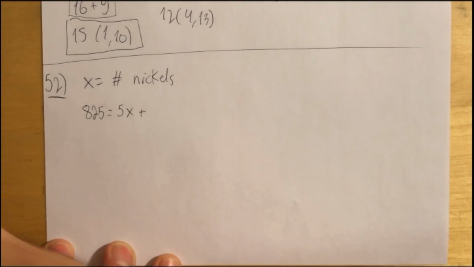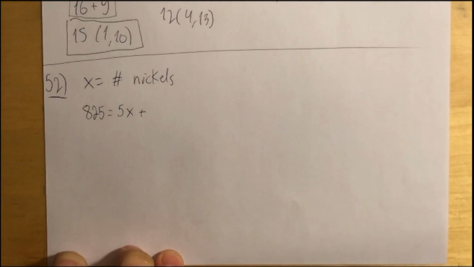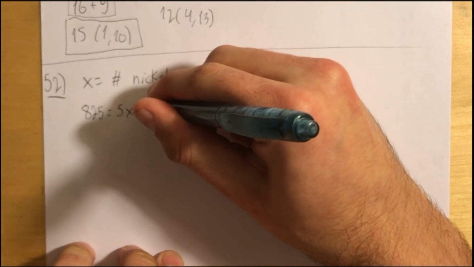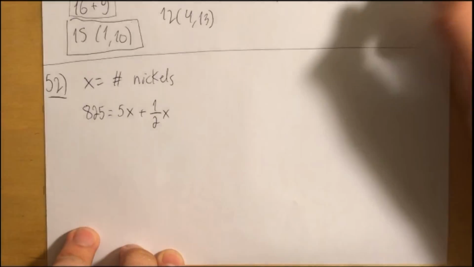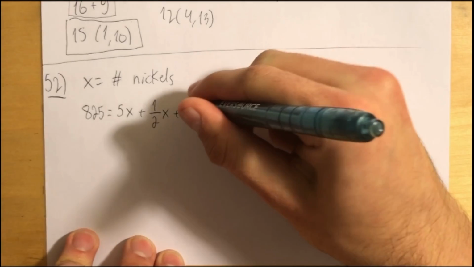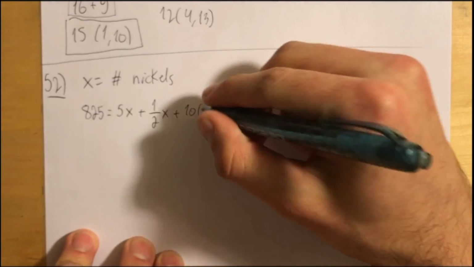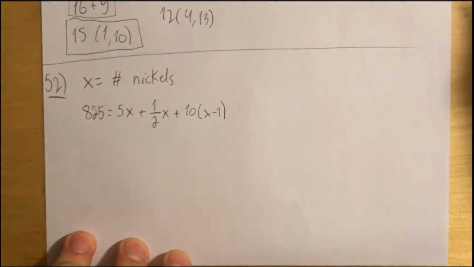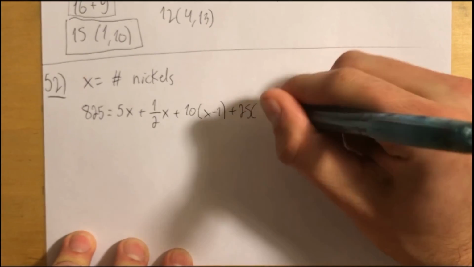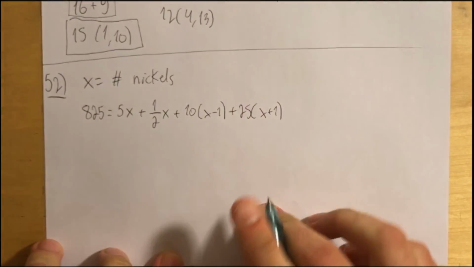And then it says that she has twice as many nickels as pennies. So 1 cent times 1/2 X, plus 1 fewer dime than nickels. So 10 cents times X minus 1, and 1 more quarter than nickels, plus 25 cents times X plus 1.